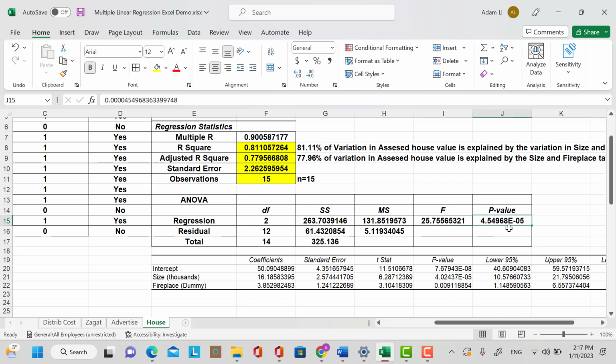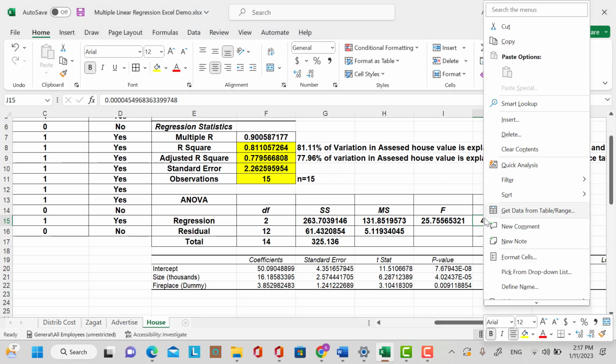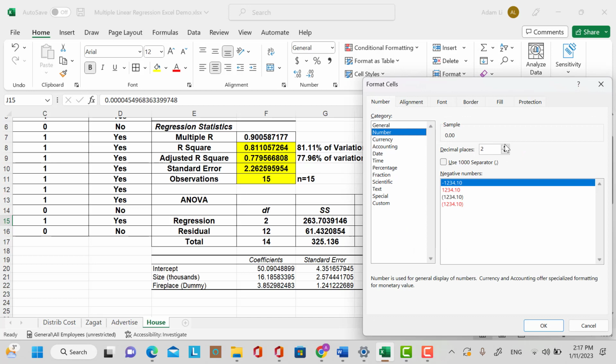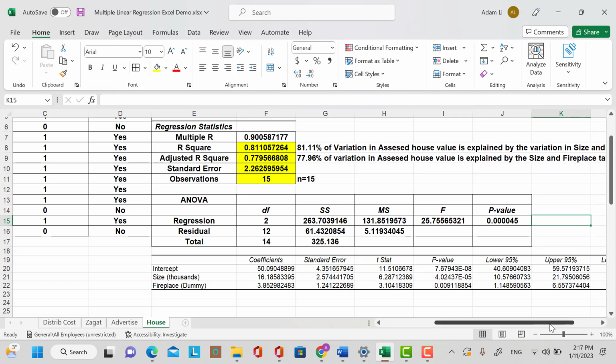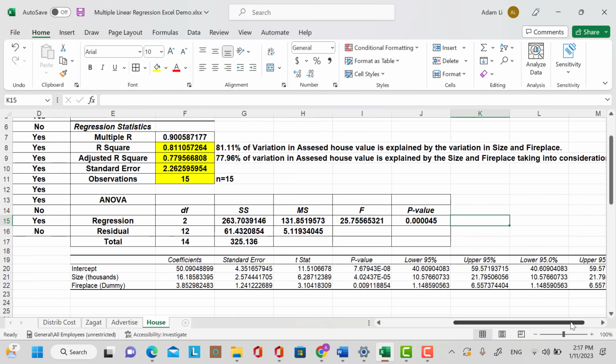Let me turn it into decimal numbers and then we get the conclusion. This is much smaller compared to alpha, and that means we reject H0. H0 has no relationship, meaning beta 1 equals beta 2 equals 0, meaning there's no linear relationship between the assessed house value and those two independent variables.